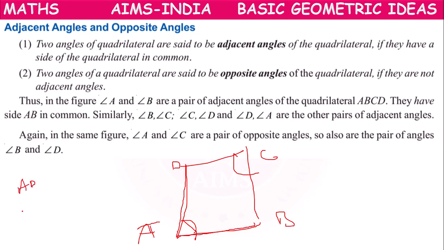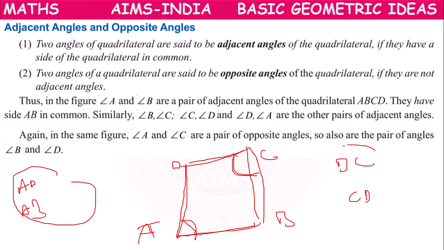Angle C is made up of line segment BC and line segment CD. There is no common side in the formation of the two angles. So they are not adjacent angles. They are said to be opposite angles.